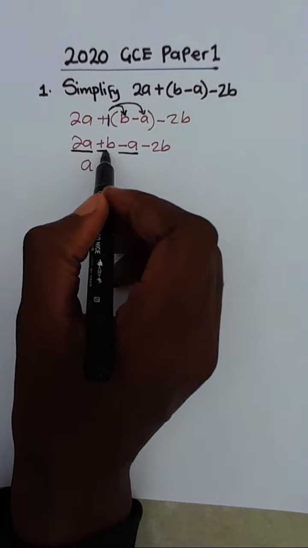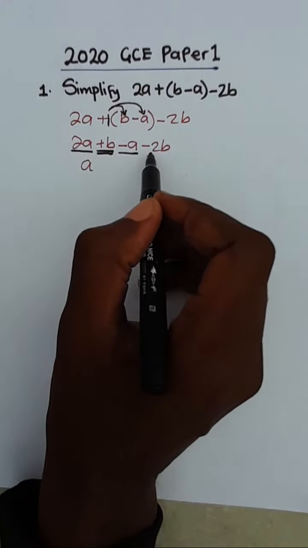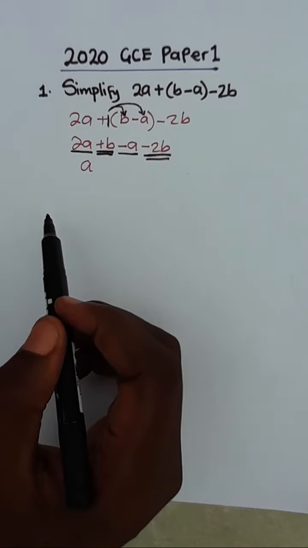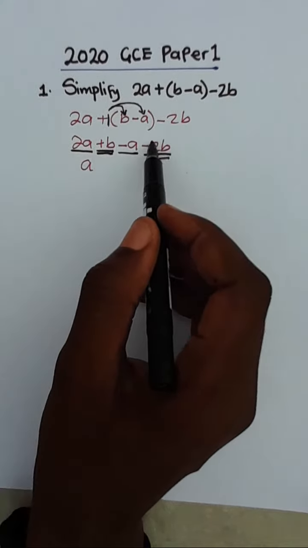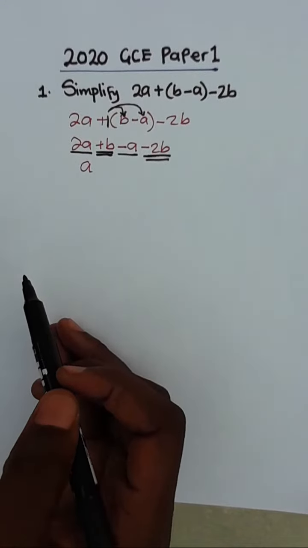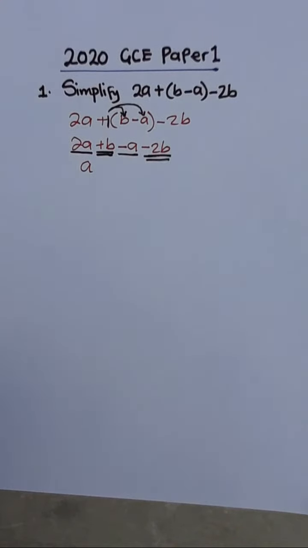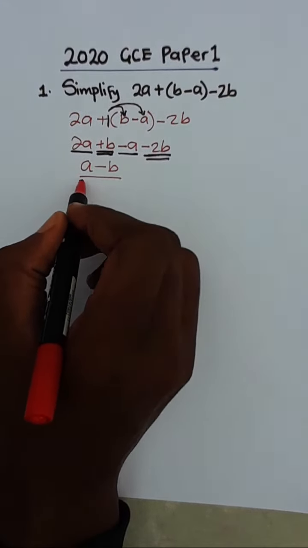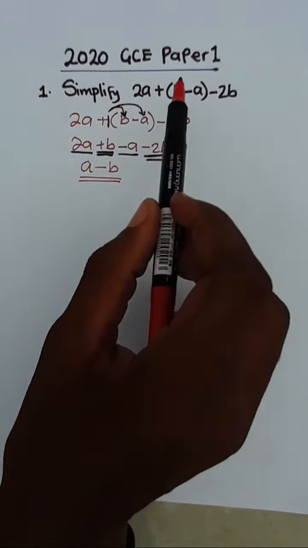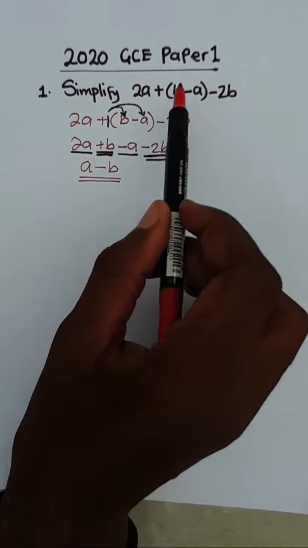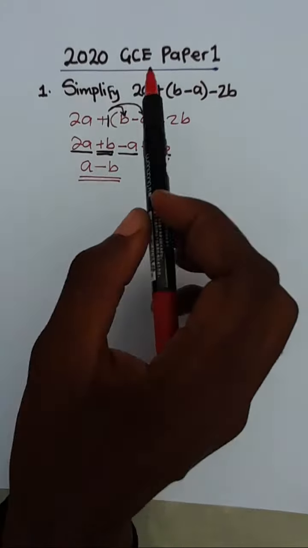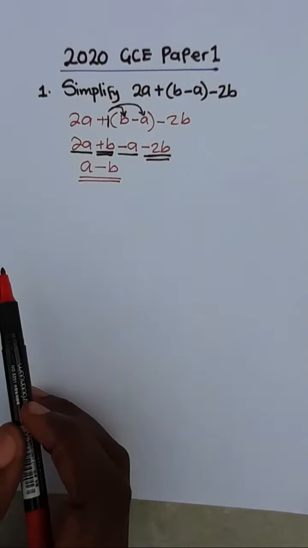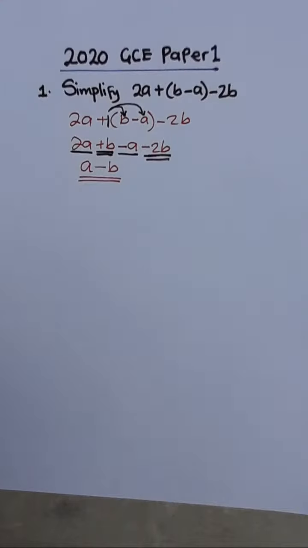Then this minus this, so this and this are like terms. So we have positive b minus 2b is minus b. You can see that this thing that was looking so big has been reduced to a minus b. So meaning you have simplified.